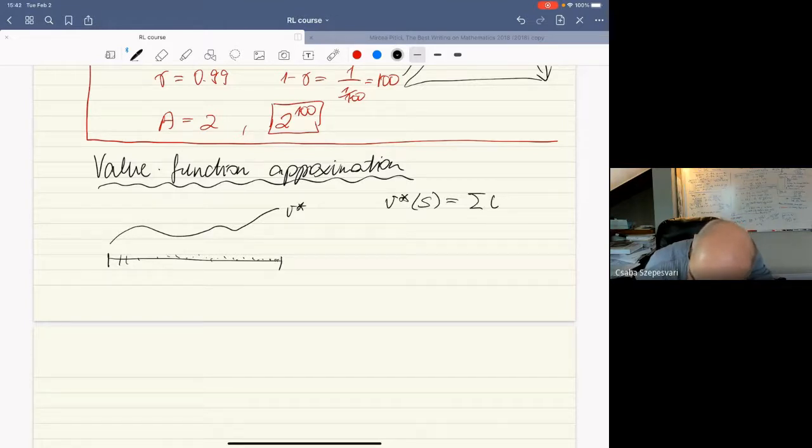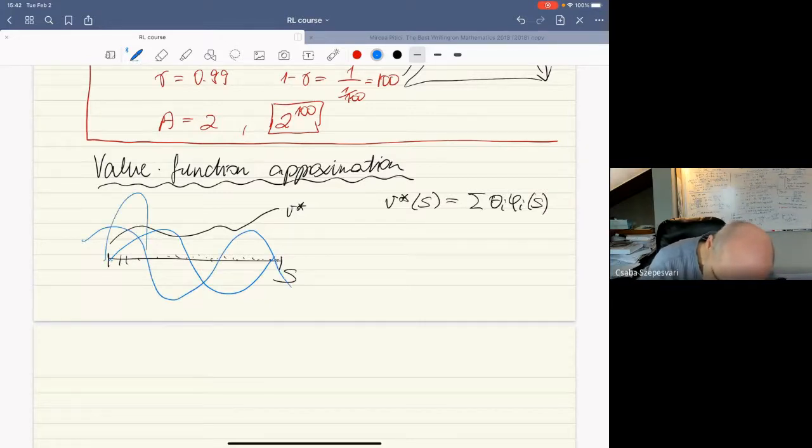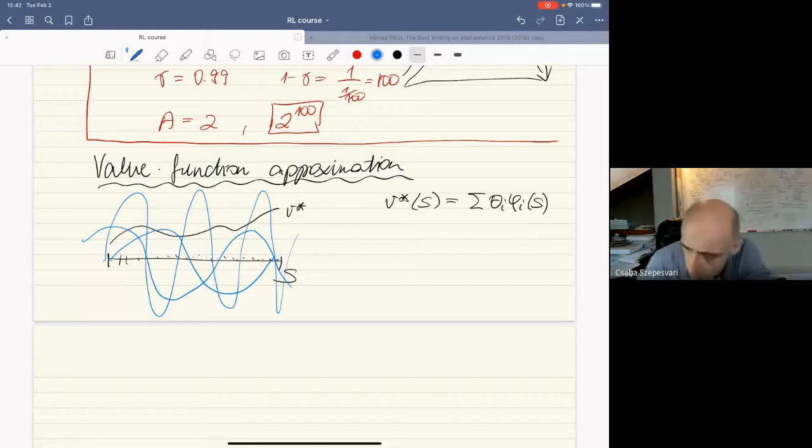So you will have a bunch of basis functions over the state space. So this is your state space. And maybe in the Fourier case, you would have this guy, and then maybe shifted, maybe a higher frequency, and so on and so forth. So a bunch of these basis functions. You're linearly combining them.